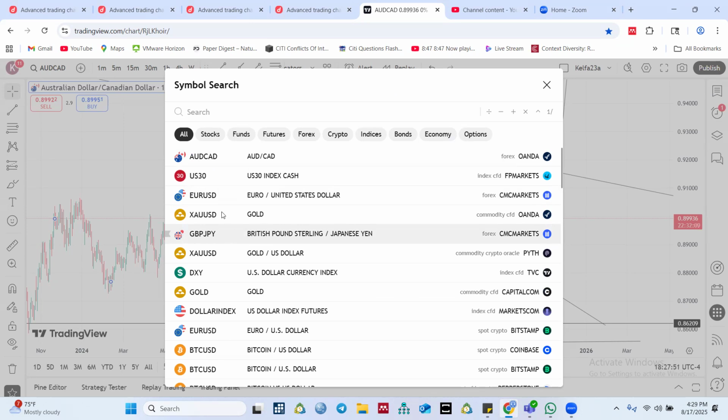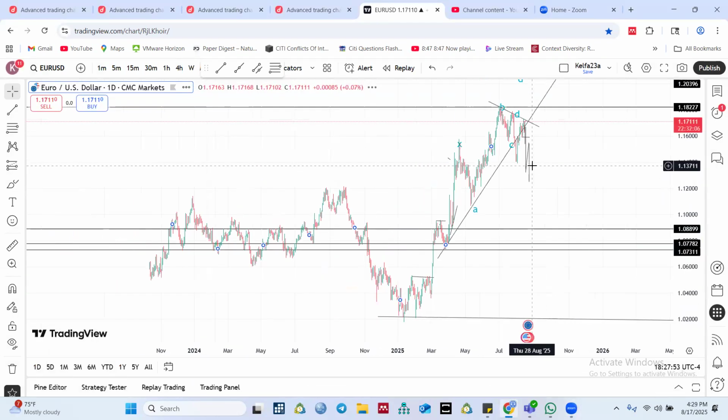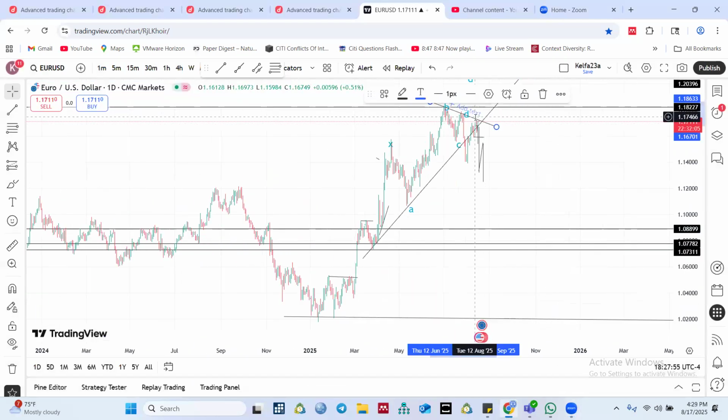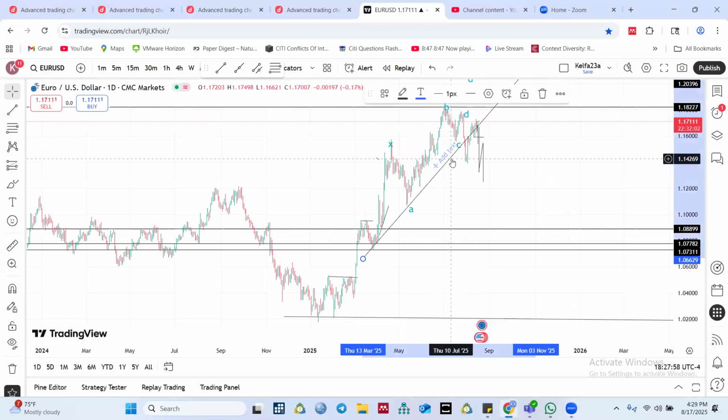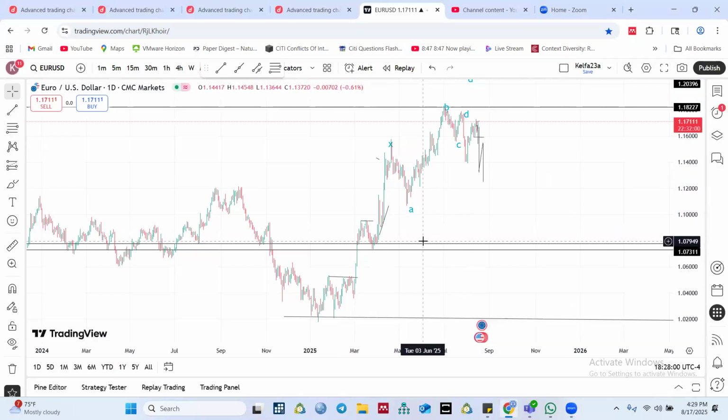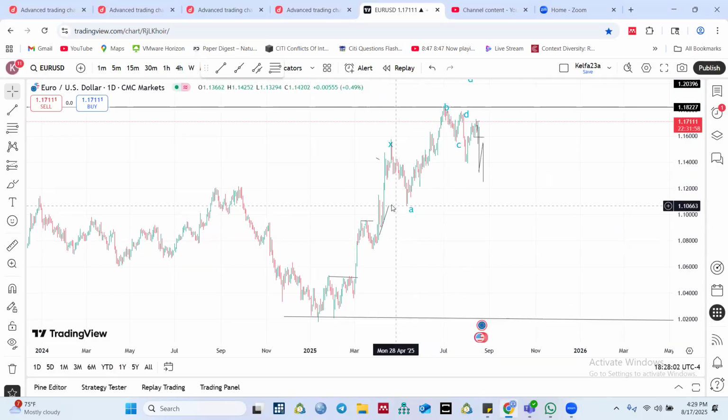So let's go quickly to Euro USD. Uche now already told us how to get the pair from TradingView. So when you go to your TradingView and Euro USD is already on your watch list, you can select it from there.